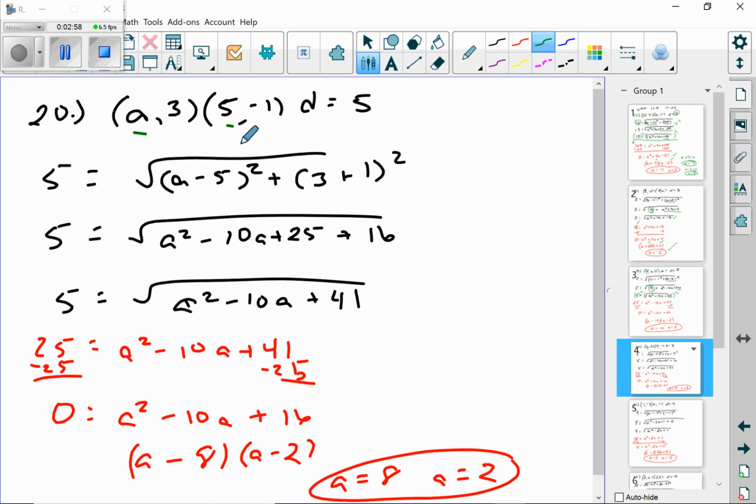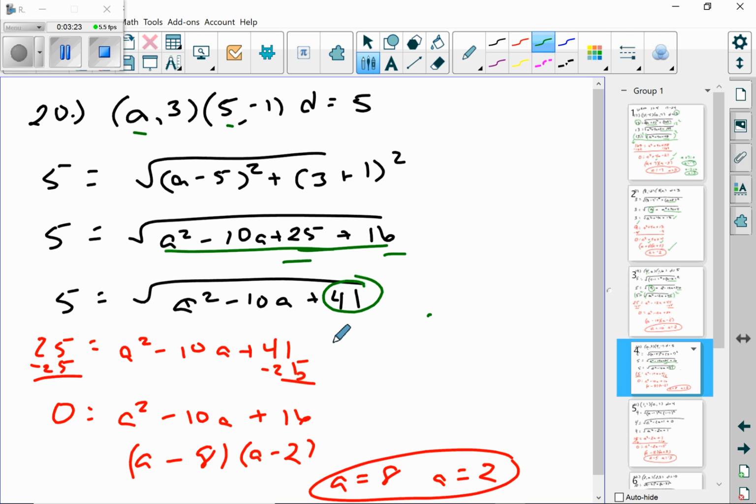A minus 5, x minus x, squared is a squared minus 10a plus 25. 3 minus negative 1 is 3 plus 1 is 4. 4 squared is 16. Add 25 and 16 together to get 41. Square both sides. 5 squared is 25. And all of this squared is just a squared minus 10a plus 41.